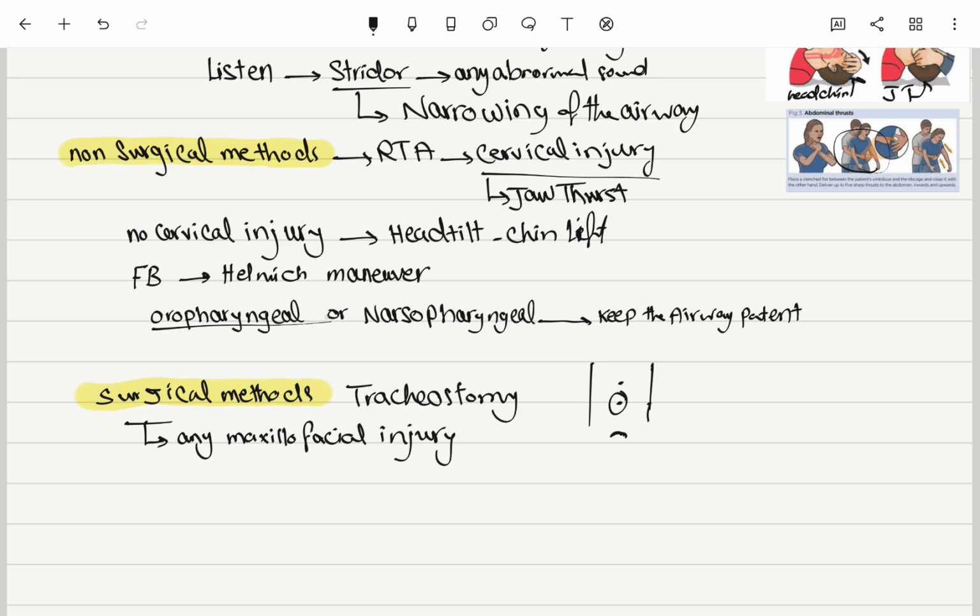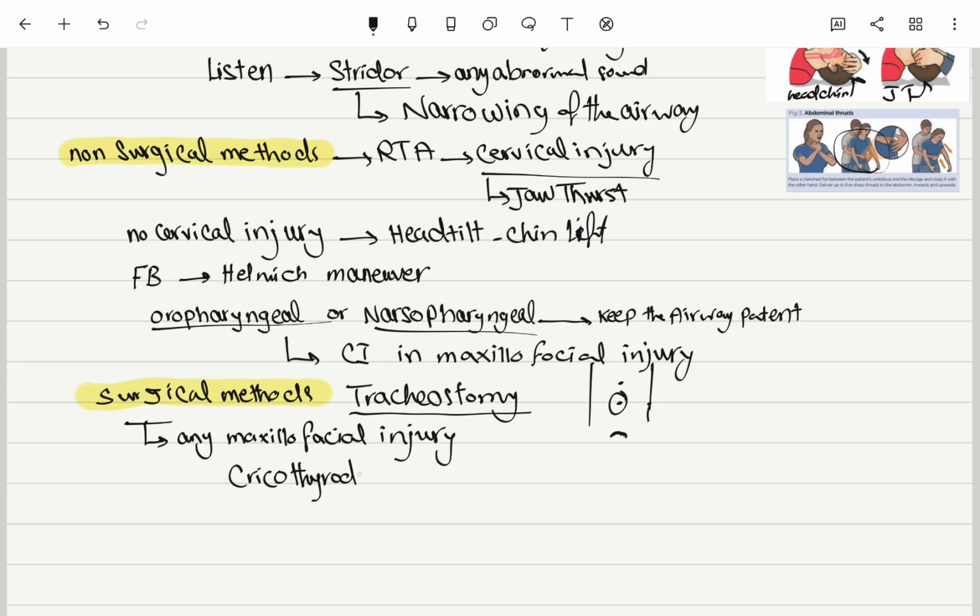By the way, I can't use oropharyngeal or nasopharyngeal airway in maxillofacial injury. Both of them are contraindicated in maxillofacial injury. So I use the surgical method. It is like tracheostomy or cricothyroidotomy. It is to pierce the cricothyroid membrane.